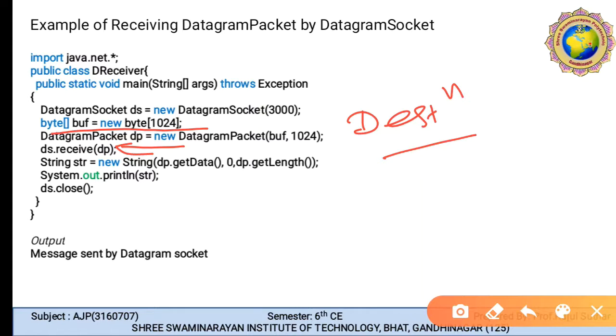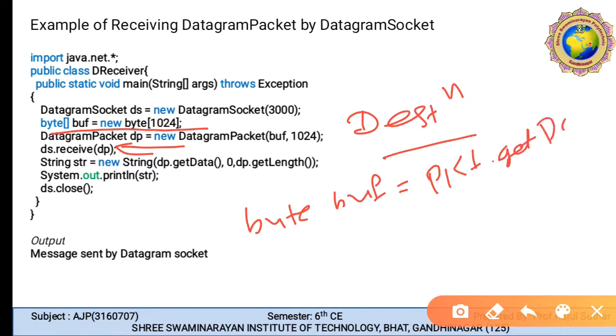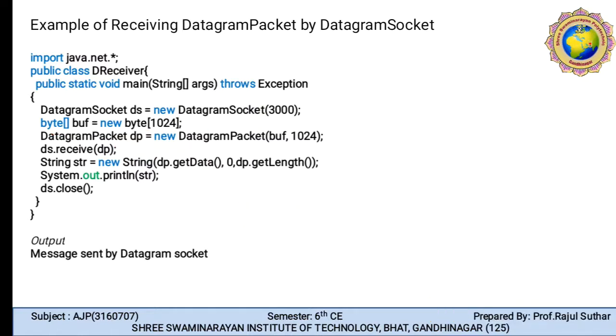This buffer can be obtained by calling packet.getData(), where the byte buffer is equal to new byte[1024]. We can write the packet.getData() method. Okay, we will discuss this example in the practical session also.